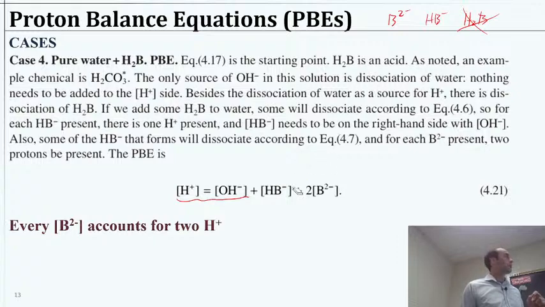And so from H2B, we're releasing 2 protons to get there. Because we're already accounting for how much HB minus was formed and stopped there. So the proper way to do that is to say, well, every B2 minus accounts for 2 protons. Therefore, there's that multiplication factor we needed, I mentioned earlier on when we talked about the table. So here's our multiplication factor.